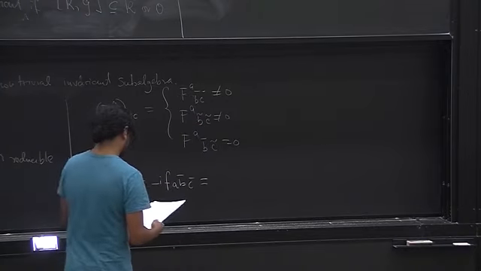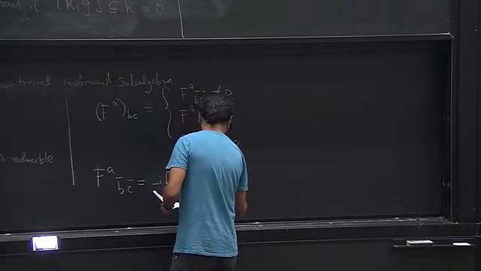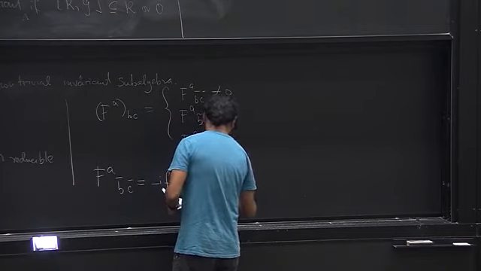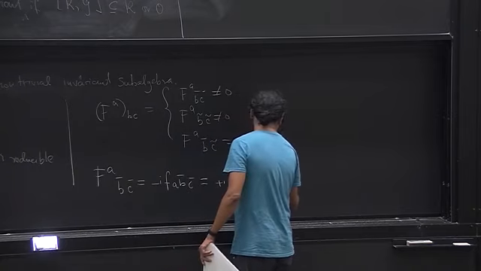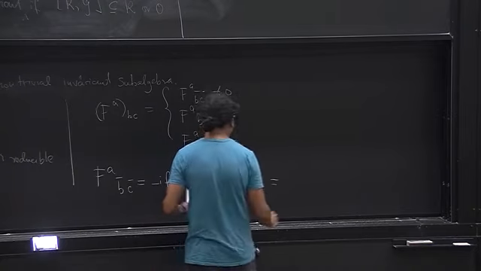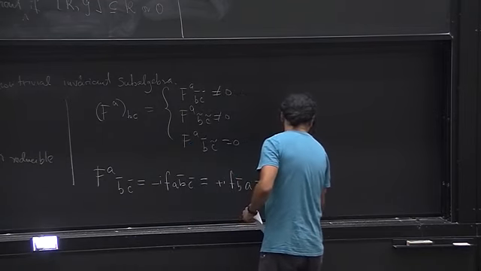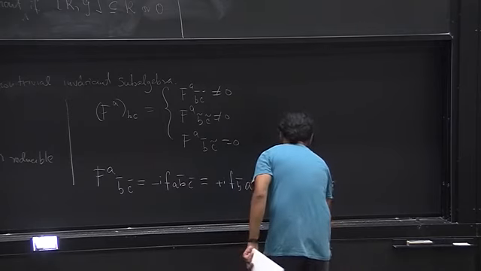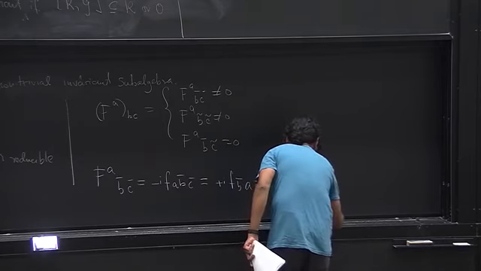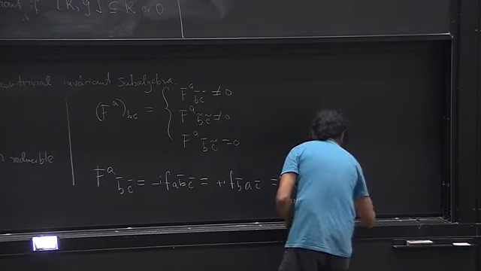But we can use the antisymmetry to write this as plus i f B bar A C bar. But this is nothing but f B bar A of C bar. Now this is 0 if A is not a barred index.